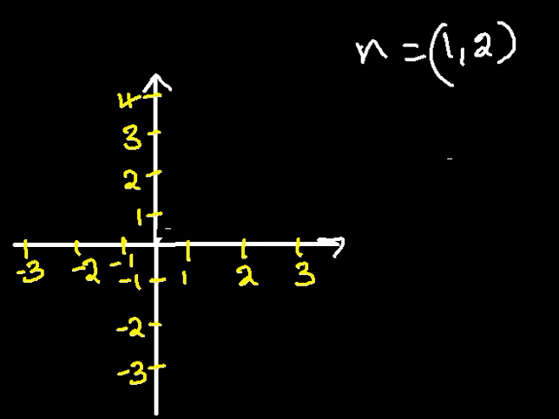Now this point on the Cartesian plane will be given at this point. So this is the point (1, 2).